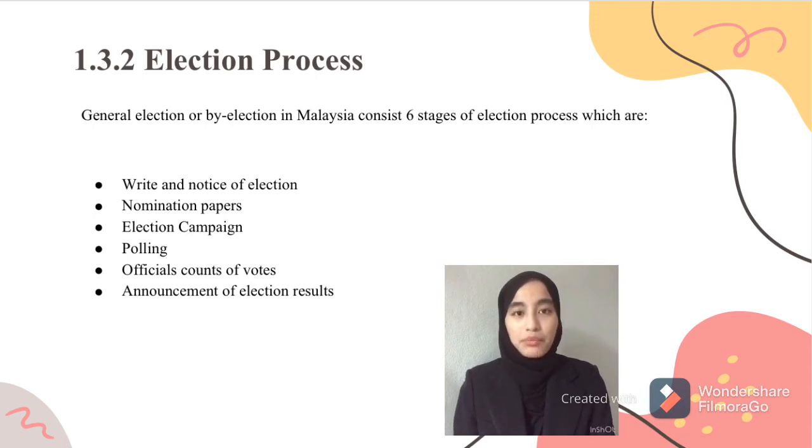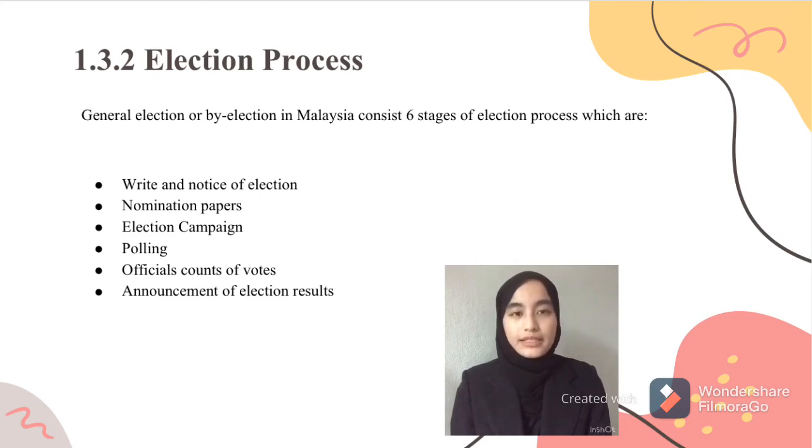Once the nomination process is complete, the candidates can start the election campaign with installation of posters, giving talks to the public, distributing pamphlets of their manifestos, and also house-to-house campaigns.